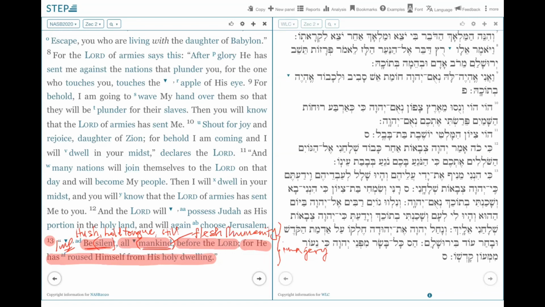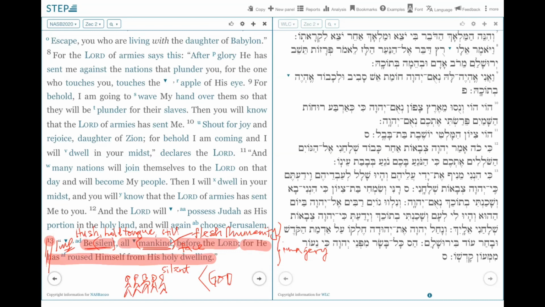And as they stand before the face of God, this is in the future, and all flesh will stand before God. So we have God, and as God faces this way, all flesh is before him and they are silent. They are told to be silent. So you can see the multitude of people before God.